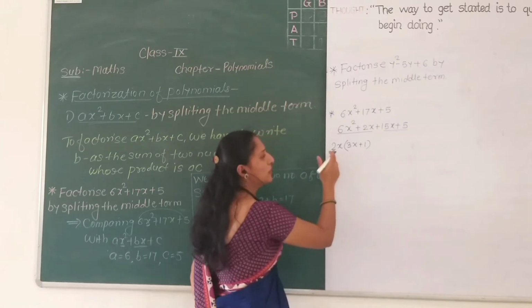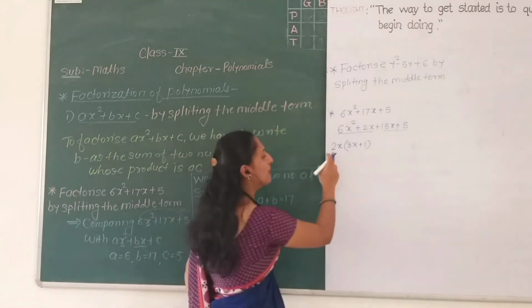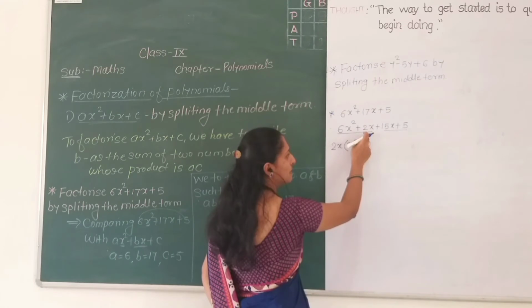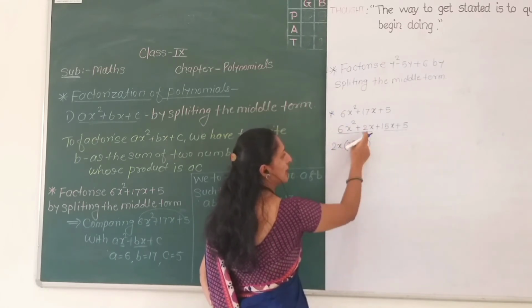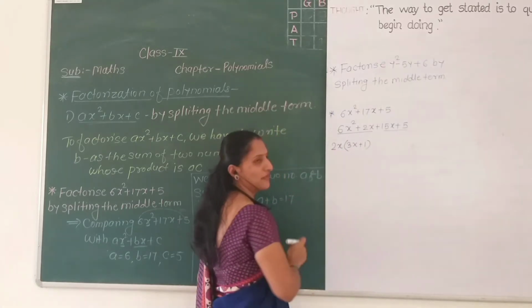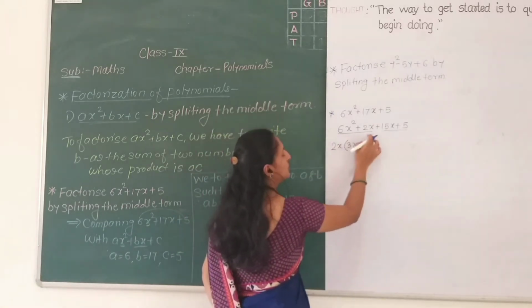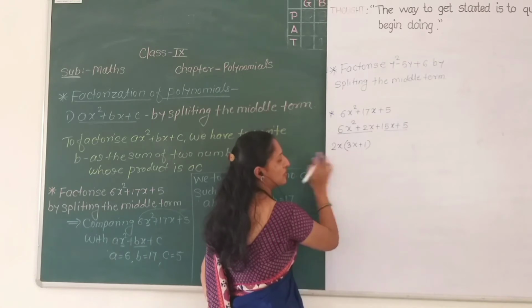When we take out a common term, we divide the terms by it. So 6x square divided by 2x gives 3x, and 2x divided by 2x is 1.